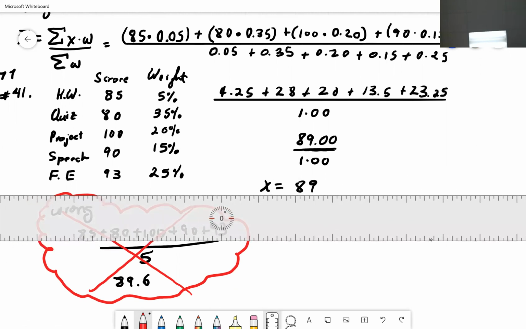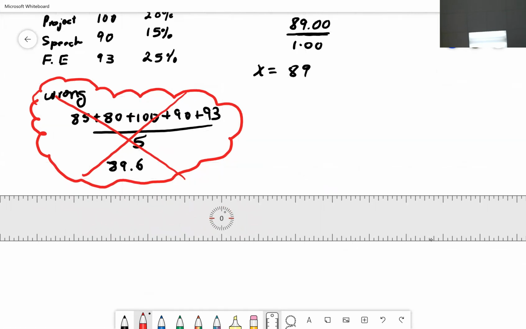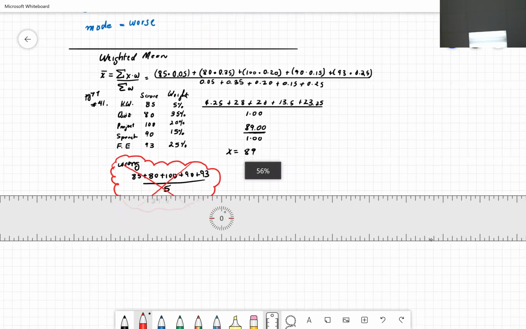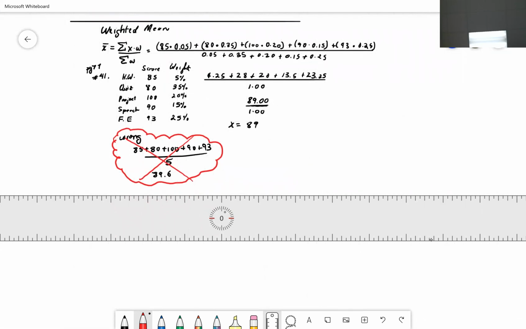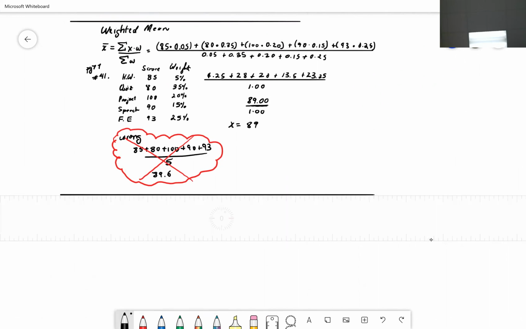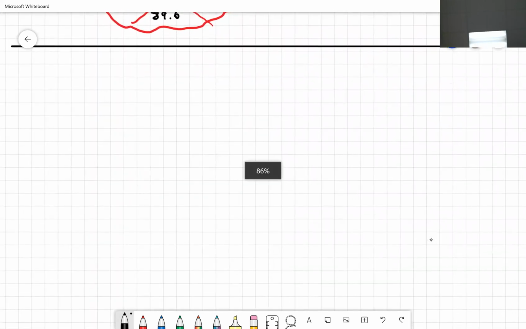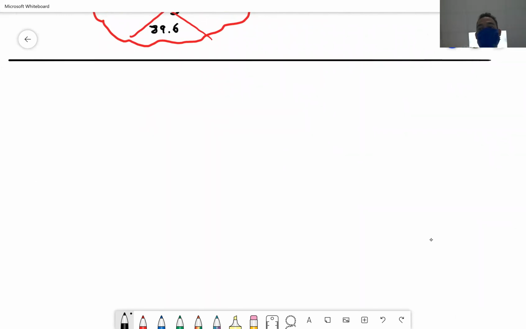All right, so let's go ahead and take a look at that for a second. So I'm going to use actual grades from this class, from a particular student. But of course they won't be identified, because why would we identify them? Okay, let me go ahead and change the board up there.